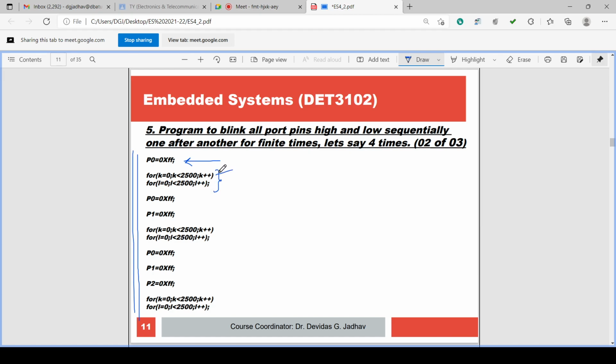For k equal to 0, this loop is executing 2500 times, and each time this loop is executed again 2500 times. So totally the for loop for L will execute 62,50,000 times.